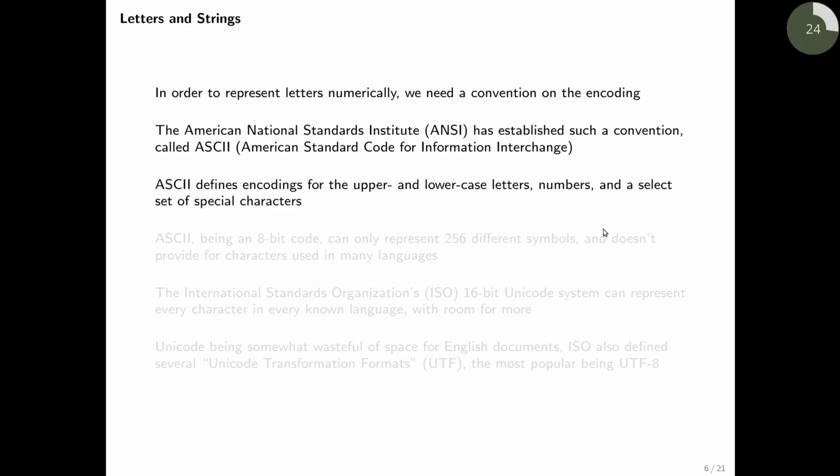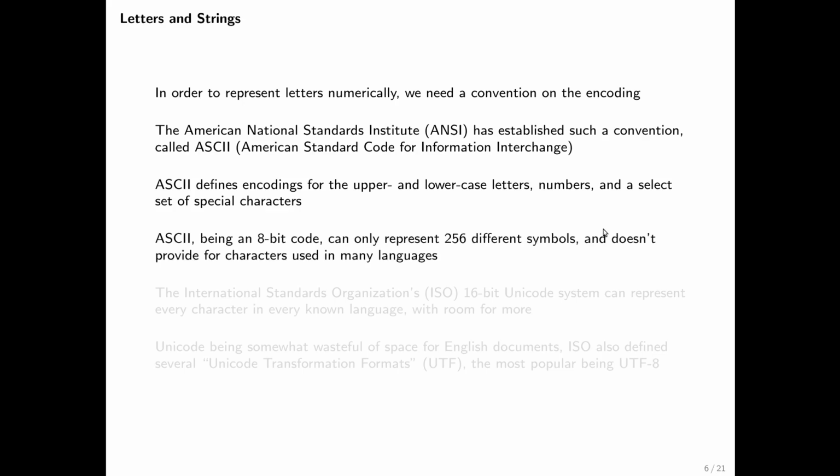So ASCII defines encodings for uppercase and lowercase letters, numbers, and a set of special characters, and each of these symbols has a number associated with it. Now, ASCII is an 8-bit code, which means that you can only represent 256 different symbols using ASCII. So ASCII does not provide for characters used in many languages, such as Chinese, for example.